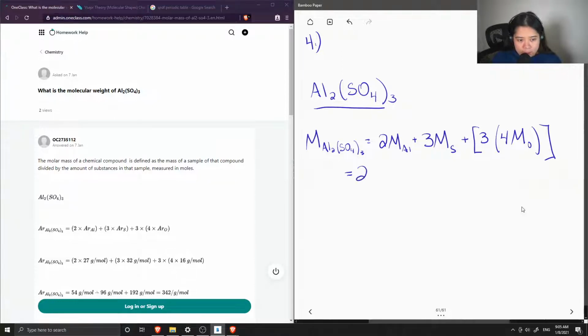So now, again, we would just try to find these atomic masses on the periodic table. In the case of aluminum, its molar mass is 27 grams per mole. Sulfur is 32 grams per mole.